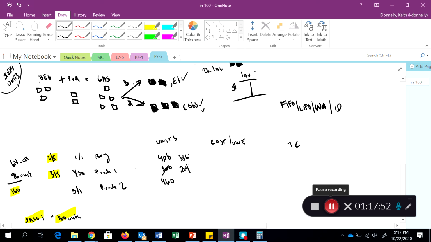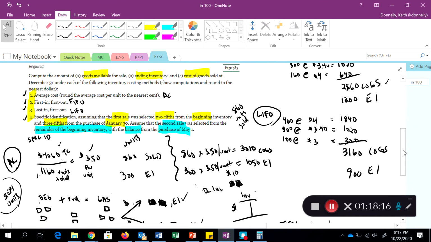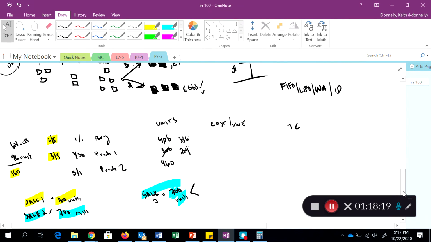Now for sale 2, which was 700 units, what they're saying is it was selected from the remainder of beginning, so what was left over here, 336. That's the remainder.